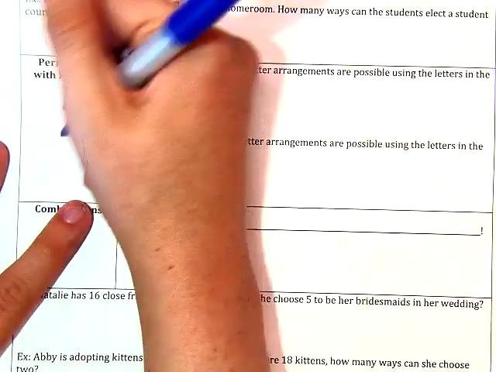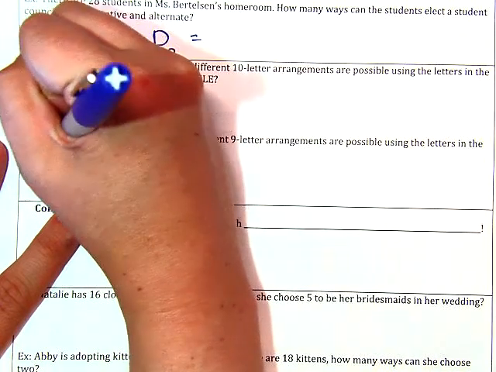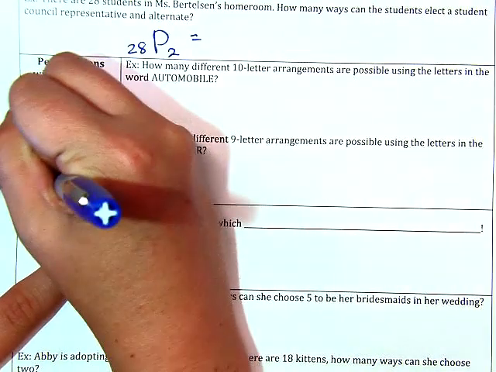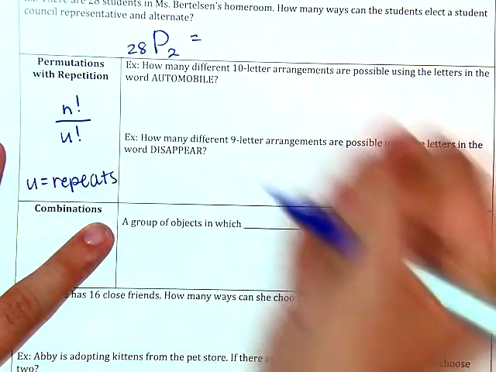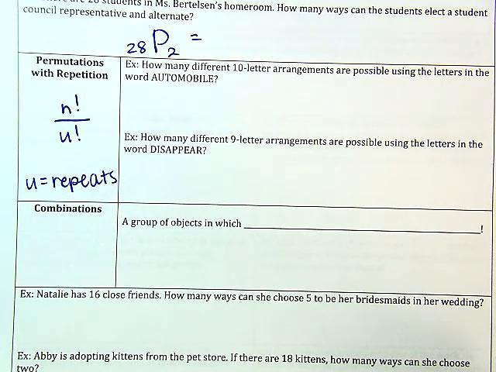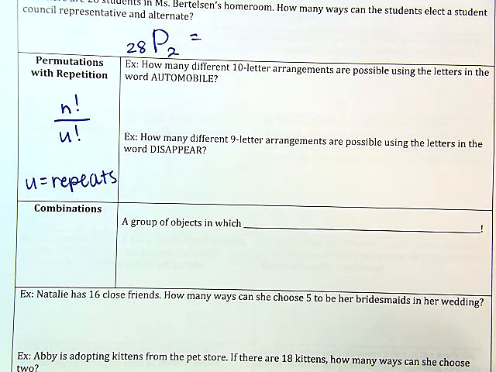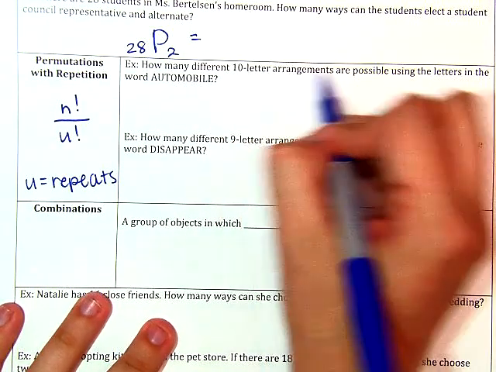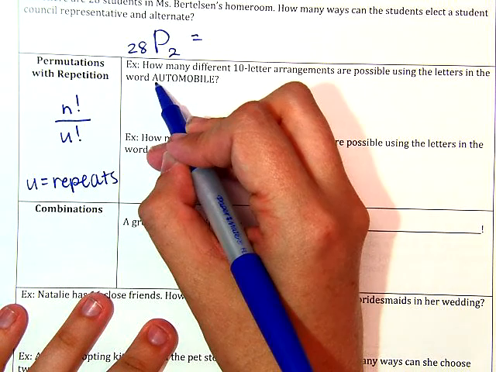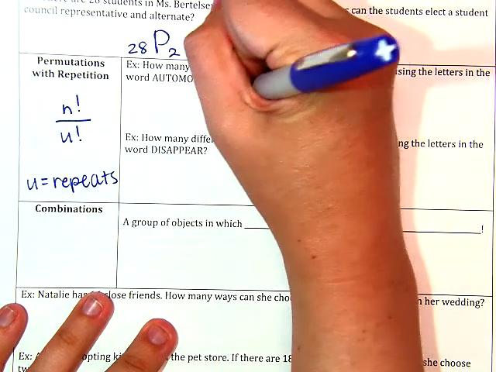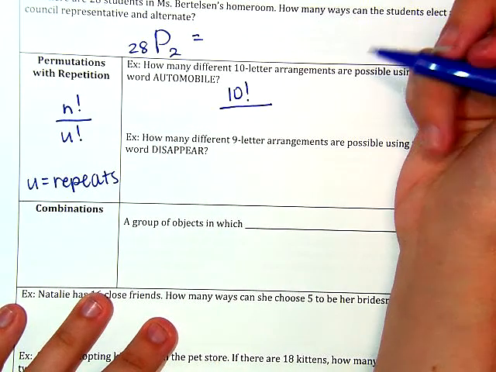Okay, permutations with repetition will be n factorial over u factorial, where u is my repeats. This really only happens with words. How many different 10-letter arrangements are possible using the letters in the word automobile? There are 10 total letters, and then we have to go to our repeats.